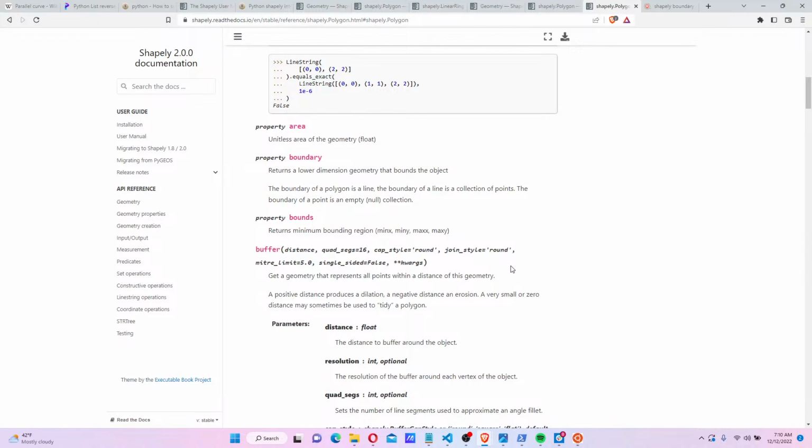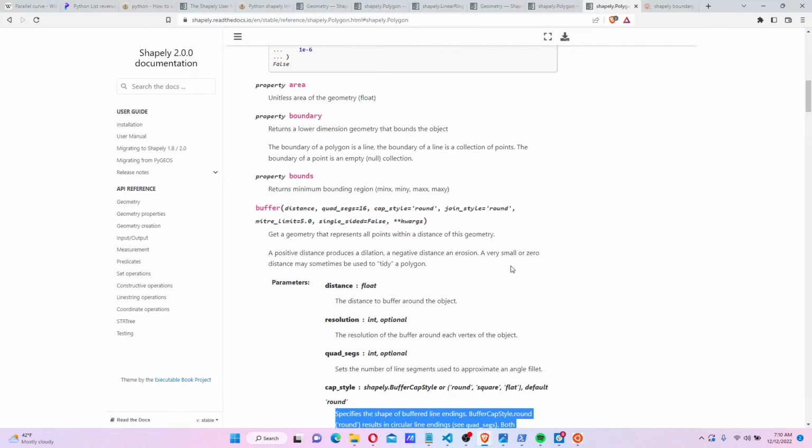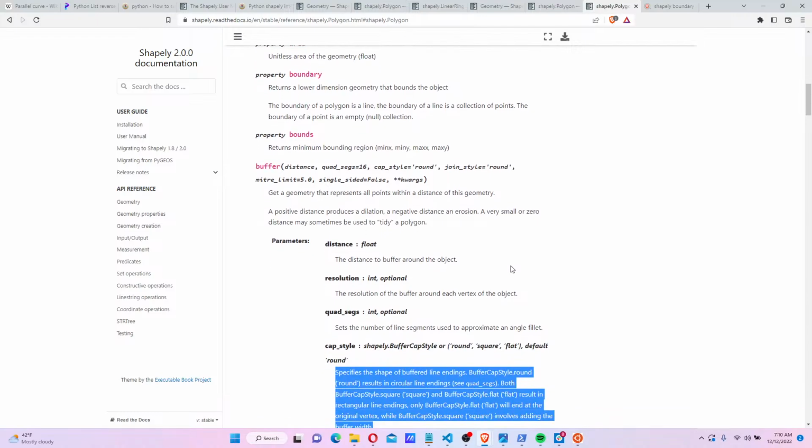Dot buffer, cap style. Round, square, flat.